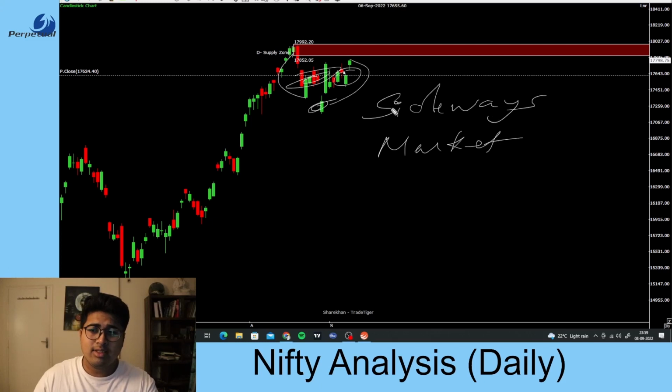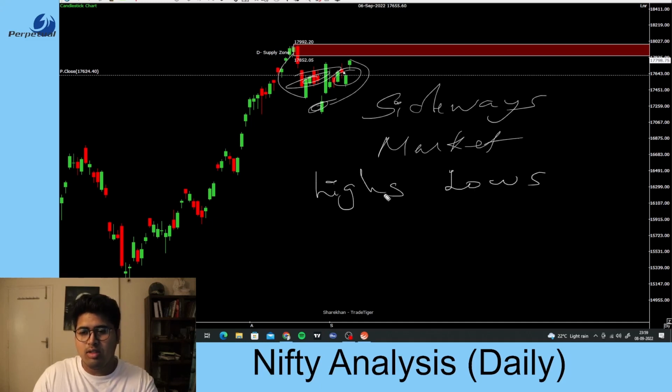And why it is a sideways market is because neither highs nor lows are competing to break each other. There is no specificity that you are seeing. There is nothing evidently telling you that there are lower lows or lower highs being formed, or higher highs and higher lows being formed. Hence, in the simplest way, you can say the market is sideways.